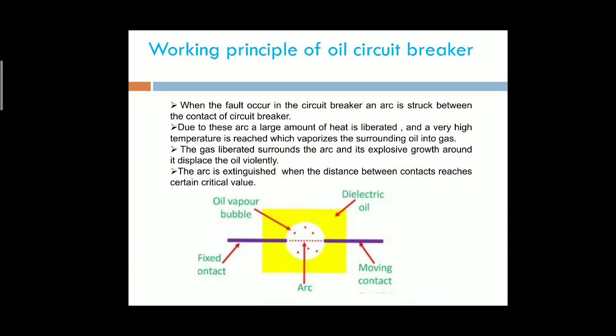This is the introduction to oil circuit breakers and air blast circuit breakers. When a fault occurs in the circuit breaker, an arc is struck between the contacts. Observing this figure, this is the fixed contact and this is the moving contact.